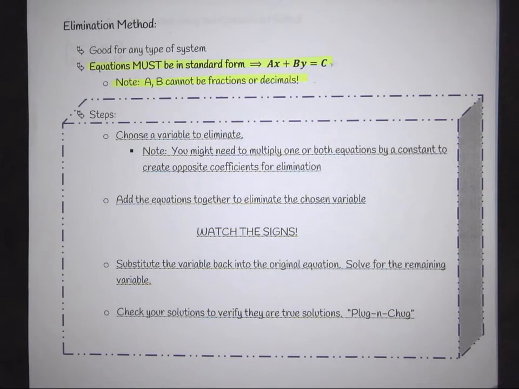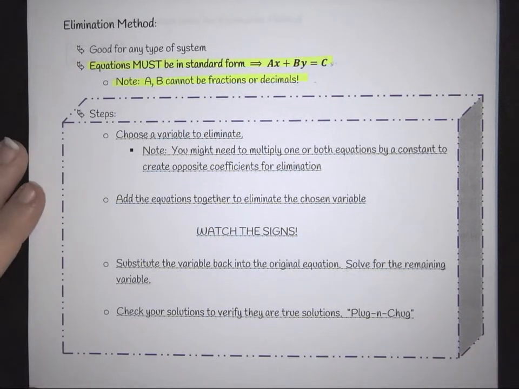Or if you don't feel like doing that, then your fallback method is the substitution method, which uses any type of number. So here we're going to look at specifically the elimination method, and in order to do the elimination method, there's a couple steps that you have to follow.